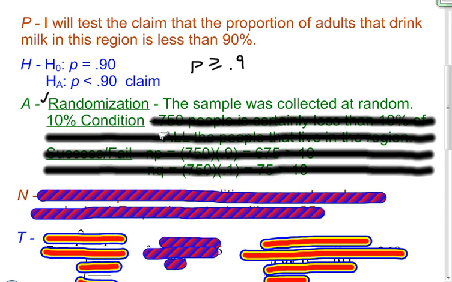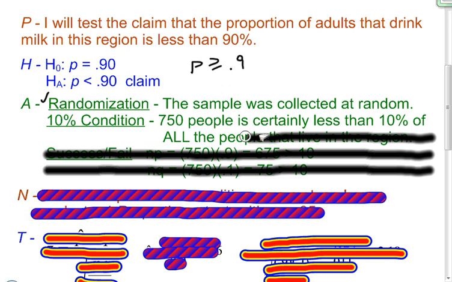We want to know that our sample size is not more than 10% of the entire population. So I'm going to go ahead and say that 750 people is certainly less than 10% of all the people that live in this region. I would hope that there would be more than 7,500 people living in a collection of counties that are in this region. And then finally, for proportions, we have to check the success-fail condition.